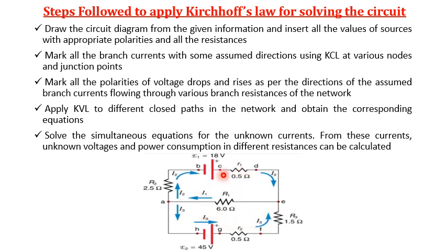The second step is to mark all the branch currents with some assumed direction, using KCL at various nodes and junctions. The third step is to mark all the polarities of voltage drops and rises as per the direction of the assumed branch currents flowing through the various branch resistances of the network.